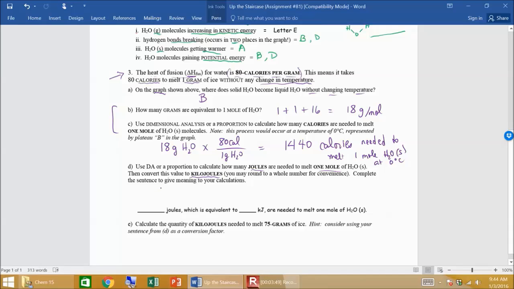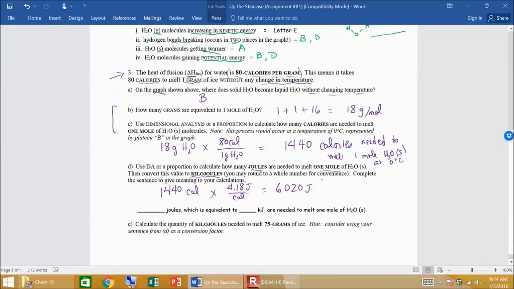Okay, so we have 1440 calories. I'll do dimensional analysis. Proportion will get you the same answer. It's 4.18 joules per calorie. And so then I get out my trusty calculator and I find the answer to be 6,019 joules, which I'll round to 6,020 joules.